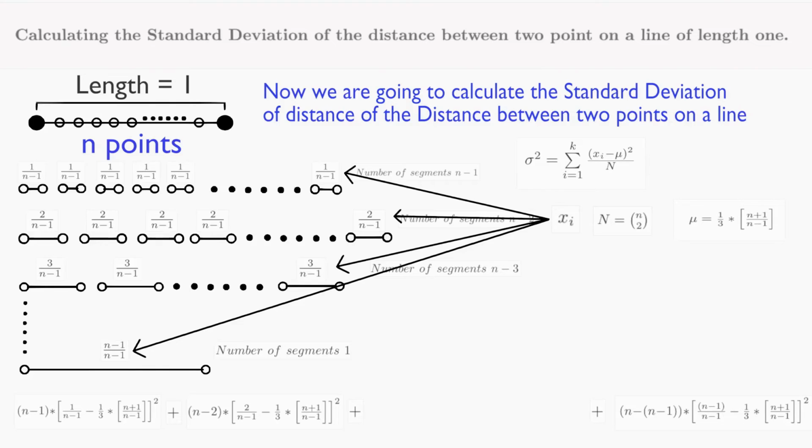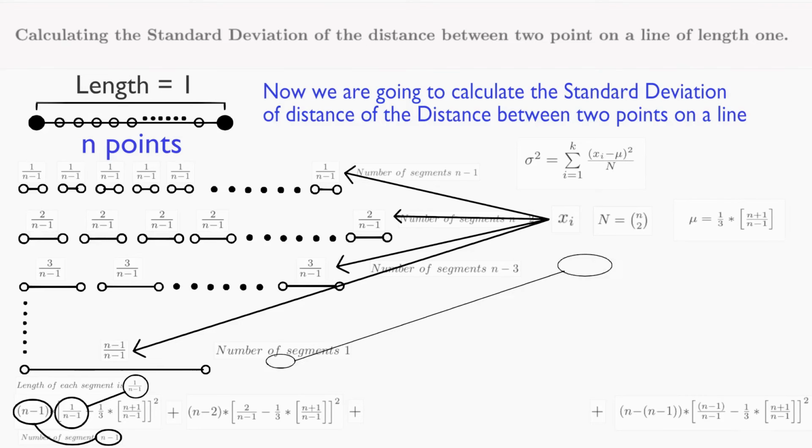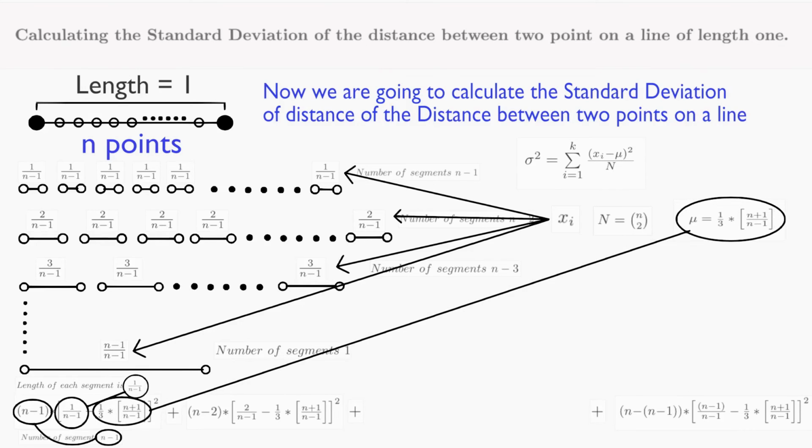For 2 over n minus 1, we have n minus 2 of those. Then the number on the inside, the 1 over n minus 1, that corresponds to the length of that unit. The 2 over n minus 1, that corresponds to the length of that unit. And then the n plus 1 over n minus 1, that is our average. So we're just plugging everything into our variance formula and condensing it down and getting this nice long sum.